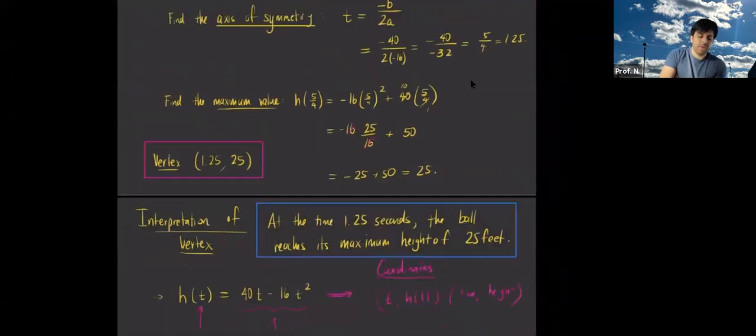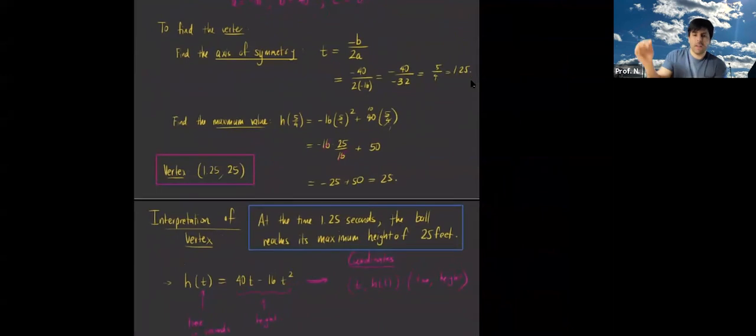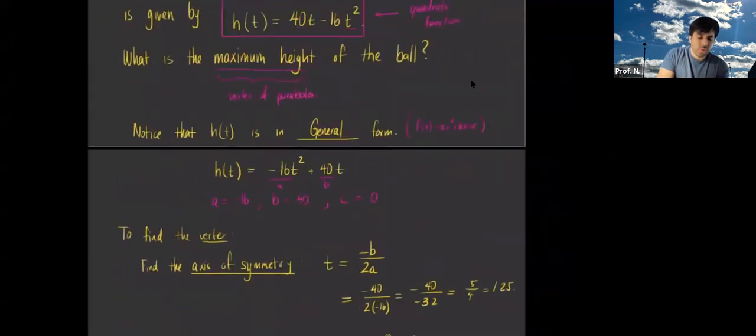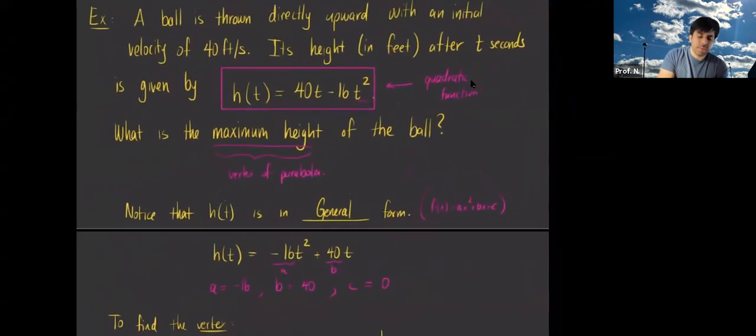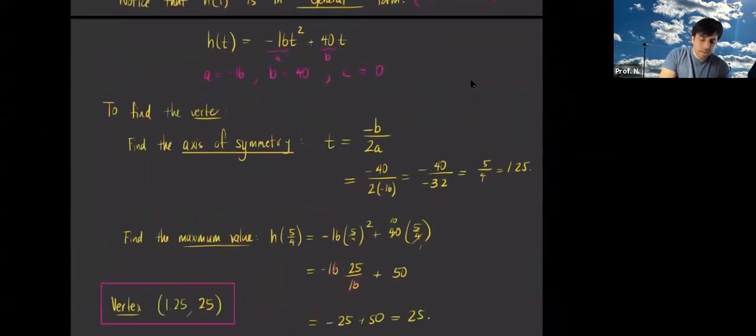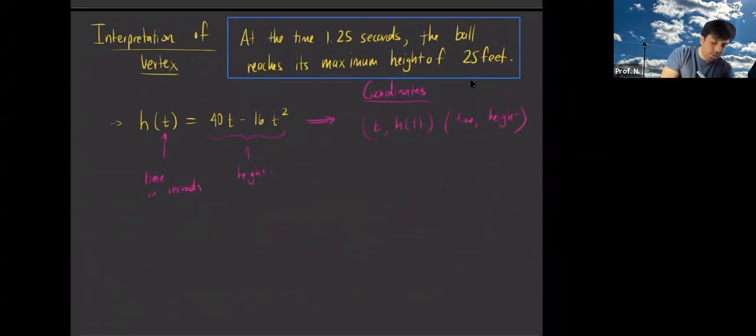But any other questions about the whole idea behind applying quadratic functions to real world examples, such as this one? And just to give you a better visualization of it, you can graph h of t, can't you? Because I know my a value, b value, and c value, I can figure out several things quickly.